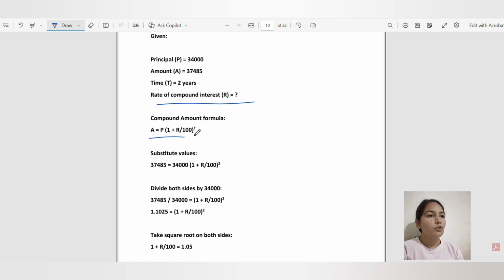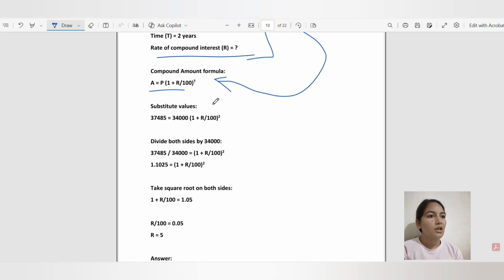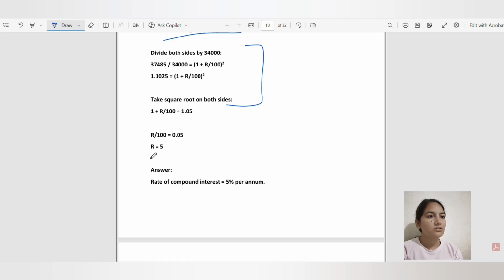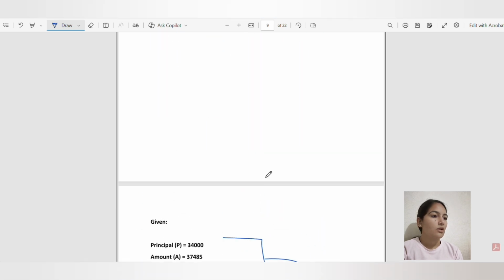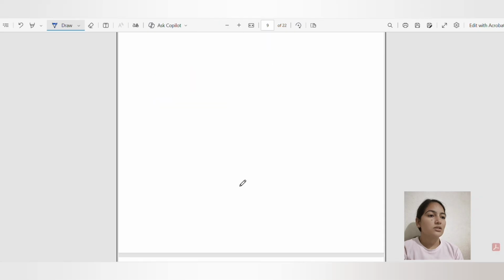So we will put these values in this formula to get the value of R. So substitute values and then solve these equations, and then you will get the value of R, that is R is equal to 5. Okay, so the correct option is C.